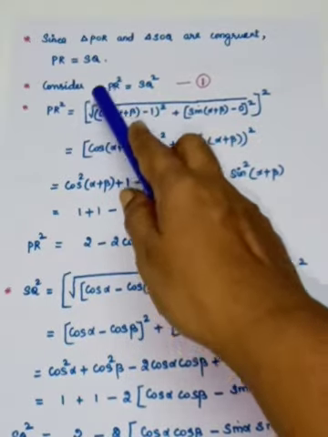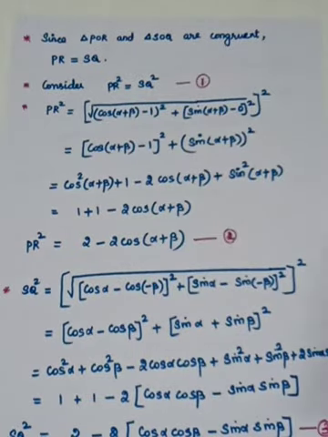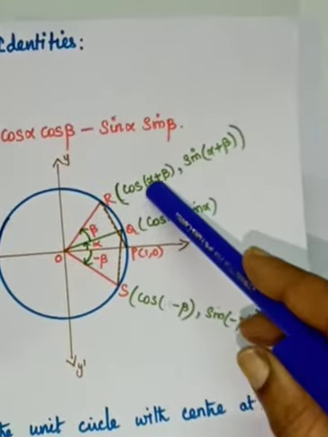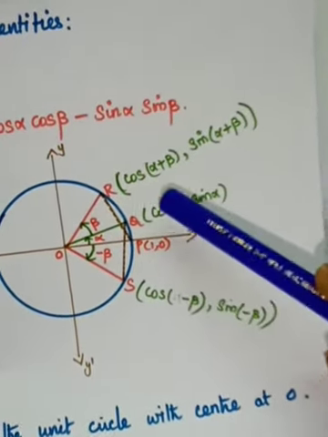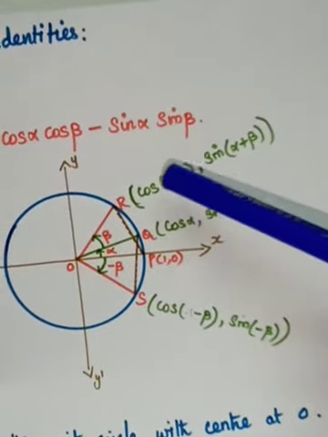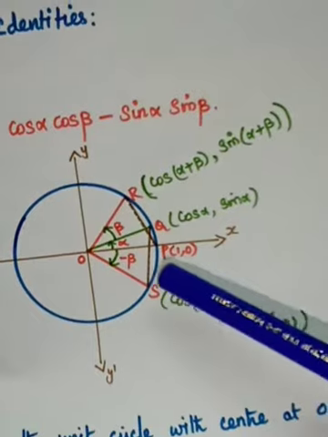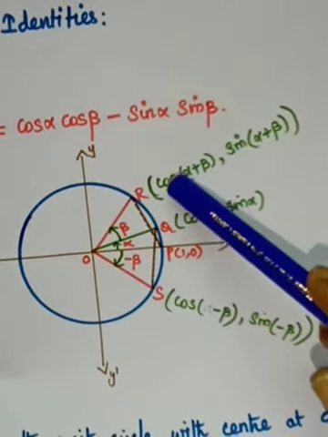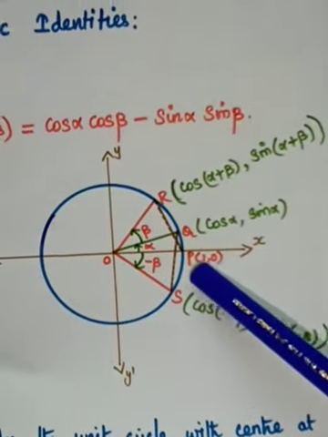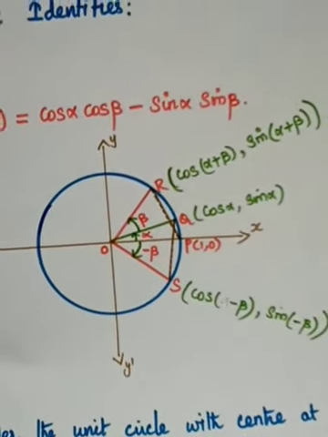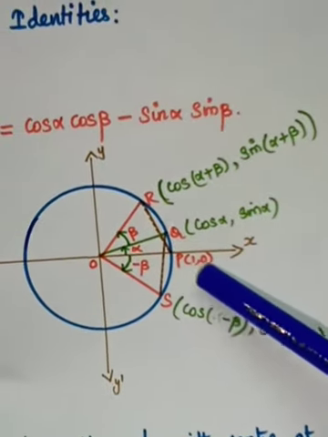Use the formula square root of (x2 minus x1) the whole square plus (y2 minus y1) the whole square. In the place of x2, cos of alpha plus beta minus 1 the whole square, plus y2, sin of alpha plus beta minus 0 the whole square.